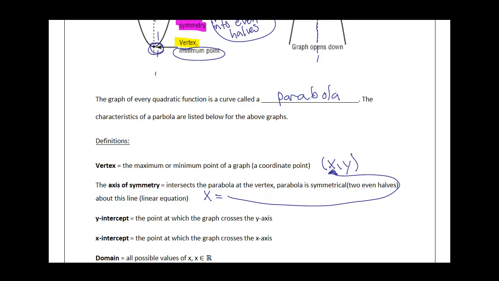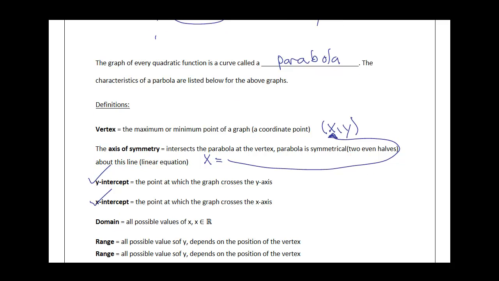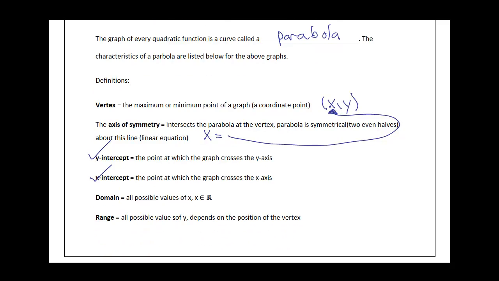The y-intercept is the point at which the graph crosses the y-axis, and the x-intercepts are the points at which the graph crosses the x-axis. Those are fairly straightforward. Now these last two are very important when we're talking about properties of our parabolas. The domain is all possible values of x for our graphs.